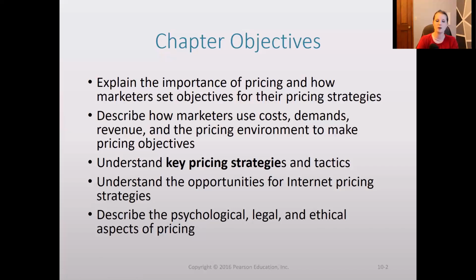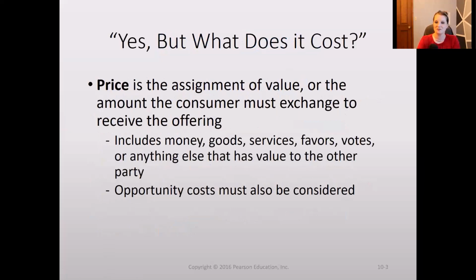We're going to talk a little bit about internet pricing because it is somewhat unique. And finally, we're going to talk about other aspects of pricing, like what kinds of psychological impacts are there? How does pricing impact our psychology and vice versa? Are there legal issues related to pricing? And then in that same vein, what are some ethical issues that are related to pricing? So let's get into it.